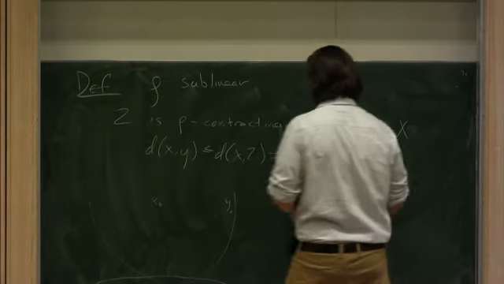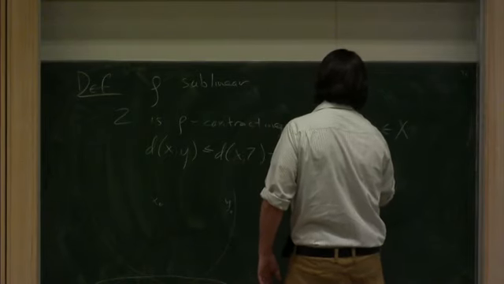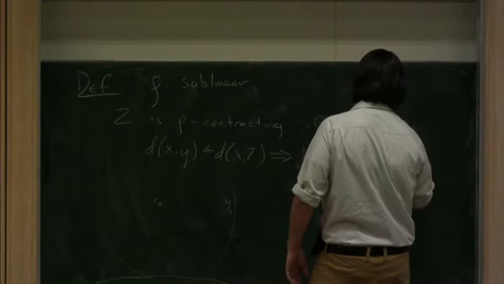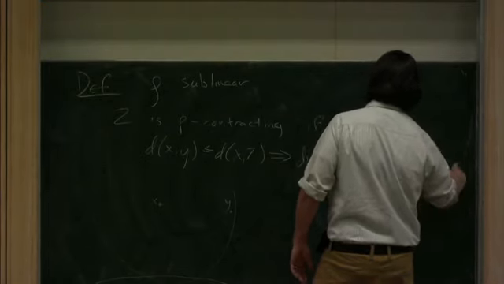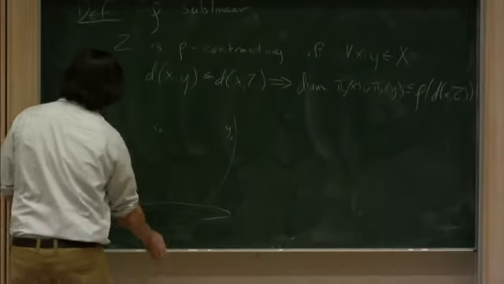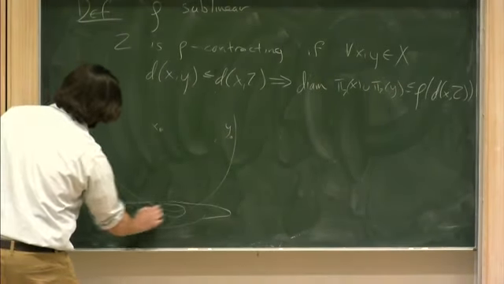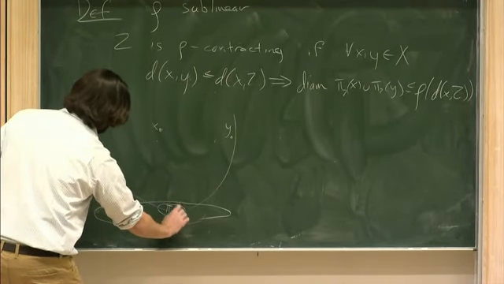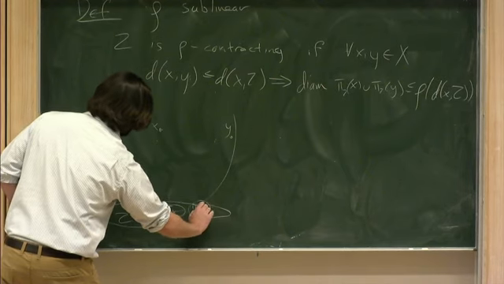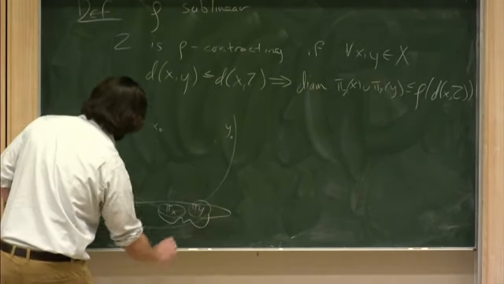And the conclusion is going to be a bound on the diameter. You project x down to Z by closest point projection, and you get some subset of Z. And y, you project down, and you get some subset, again, of Z. And then this diameter is what's bounded.